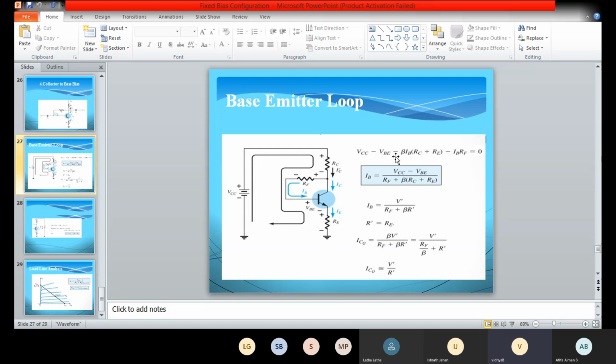VCC minus VBE minus beta IB (RC plus RE) minus IB RF is equal to 0. Here IC dash is equal to IB plus IE. IB is equal to (VCC minus VBE) divided by (RF plus beta into (RC plus RE)).